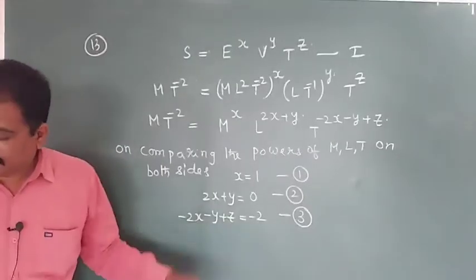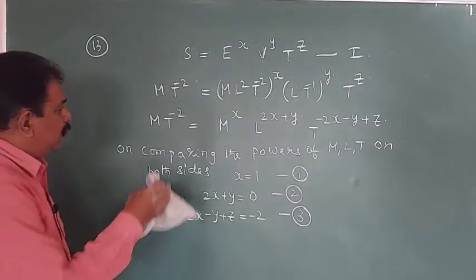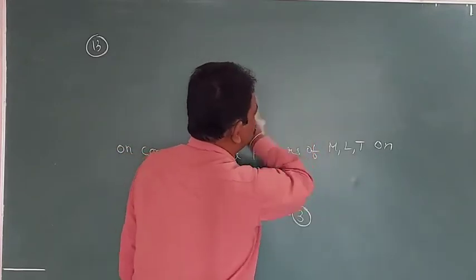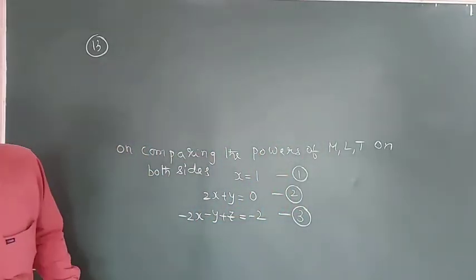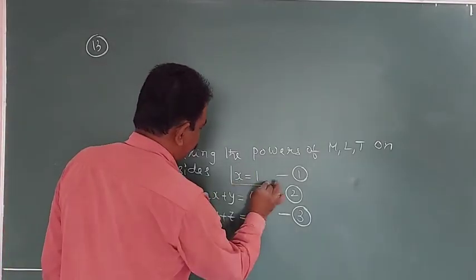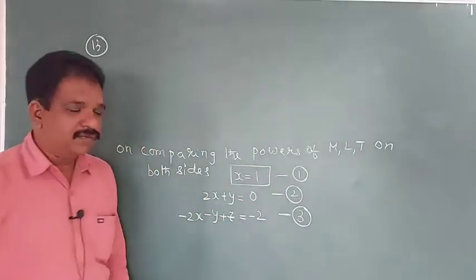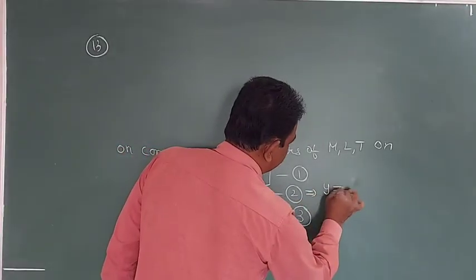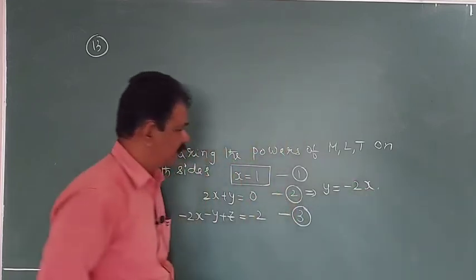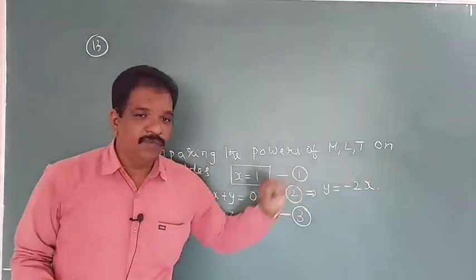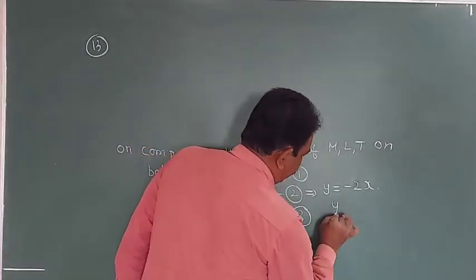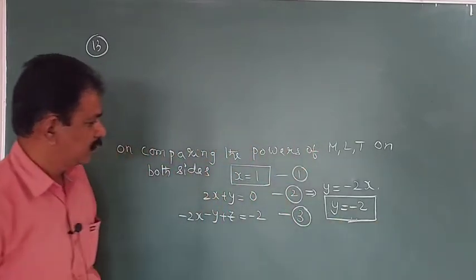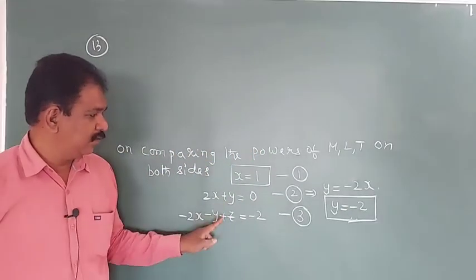Okay. Then already we got x, na? x is equal to 1. From equation 2, y is equal to how much? Minus 2x. x value will be 1. Therefore, y value is equal to minus 2. We got y value.